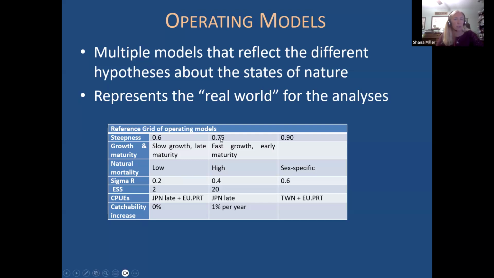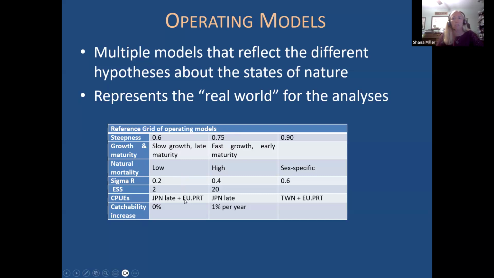This is an example of the operating model grid for Indian Ocean swordfish. I'm not going to go through the details here, but this is to say that there are 7 different main uncertainties that were identified for this stock. So the 7 rows are the 7 main uncertainties.